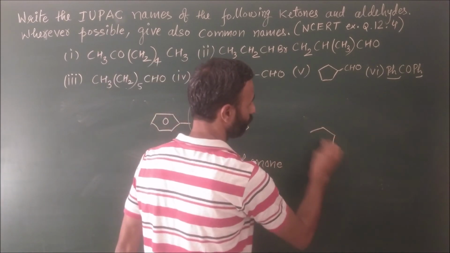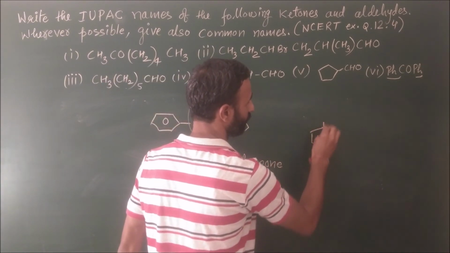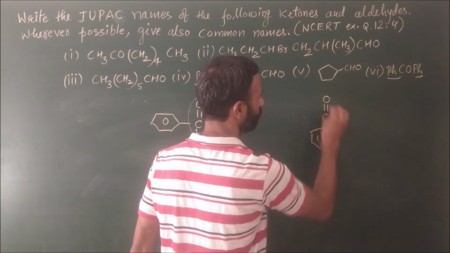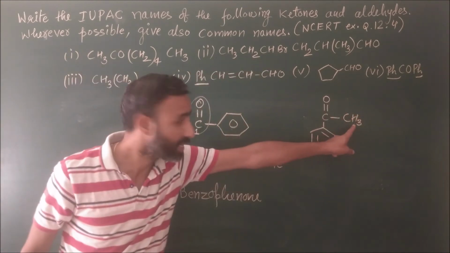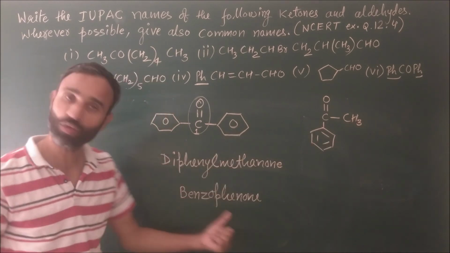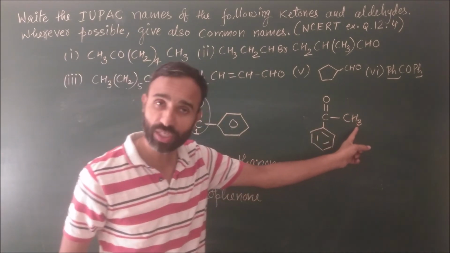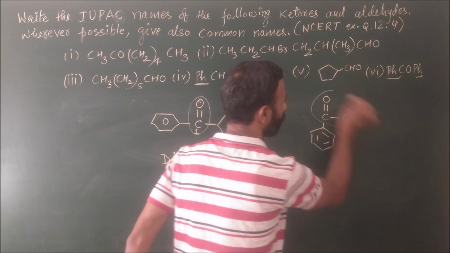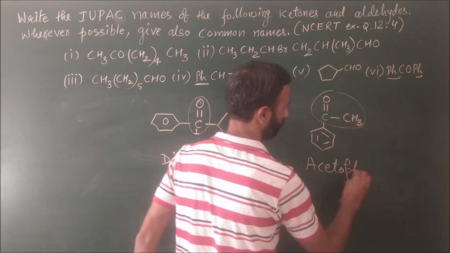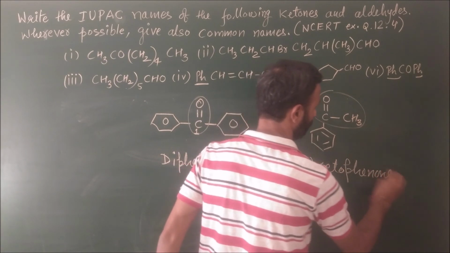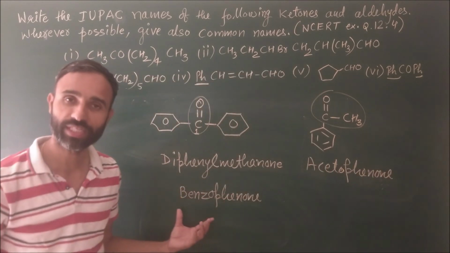Now what is the name of this compound? If a benzene ring is attached to CO, and on the other side there is CH3. If it is benzene, then it is called benzophenone. If it is CH3, then it is called acetophenone. See the difference in names.